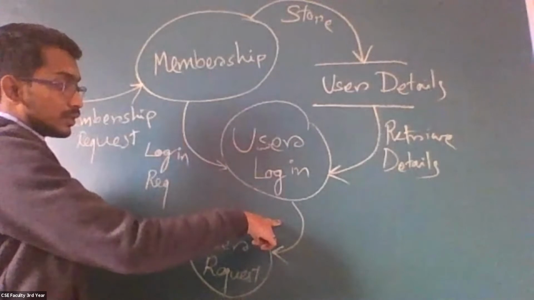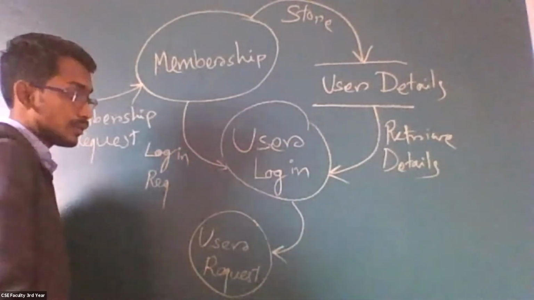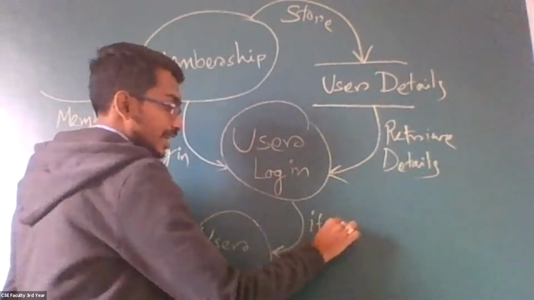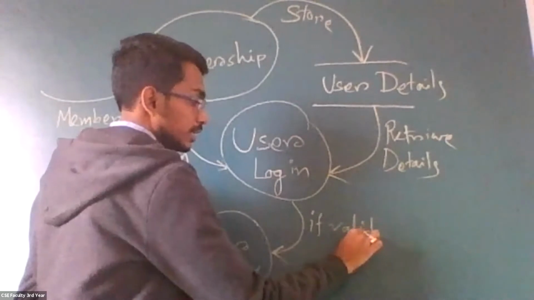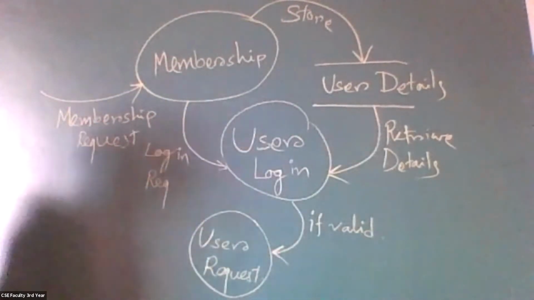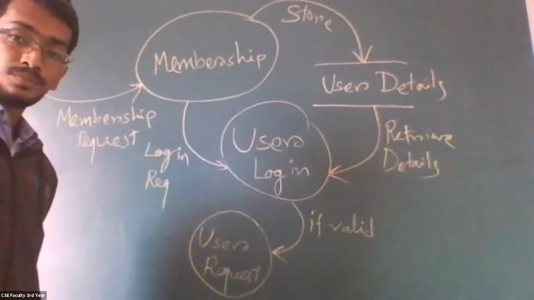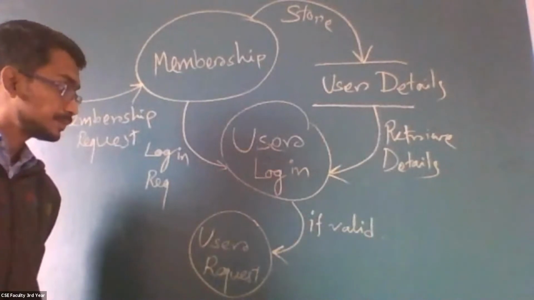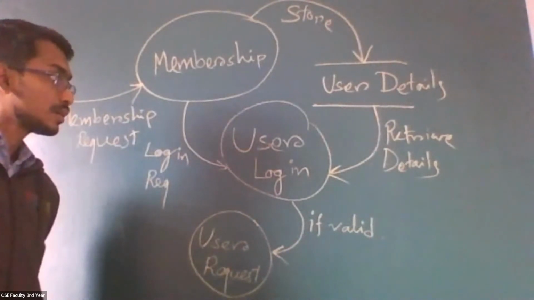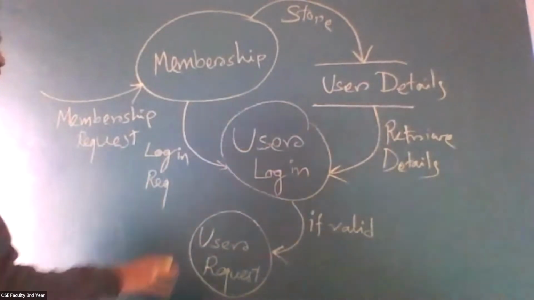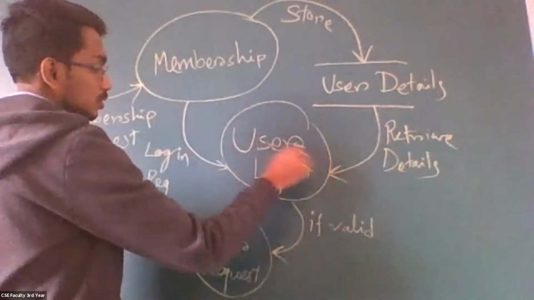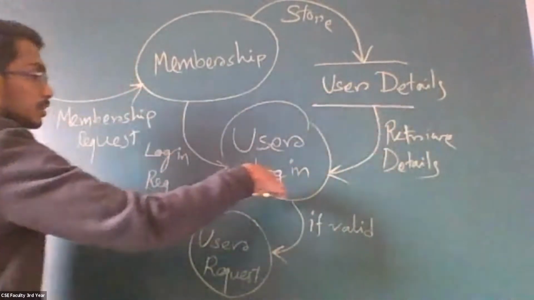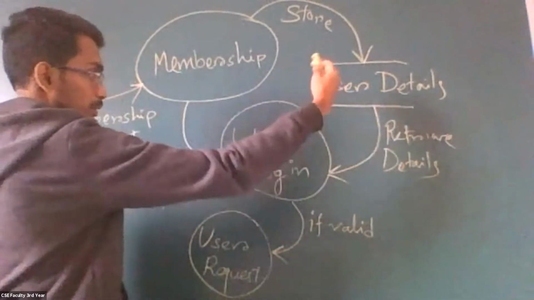After the login, we need to do validation, right? If valid, then it will ask the user. So what I'm thinking is that the user is logged into the system, and this login process is retrieving all the user information from the database.